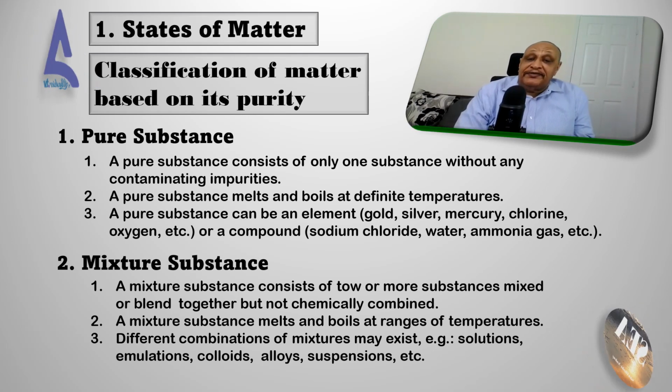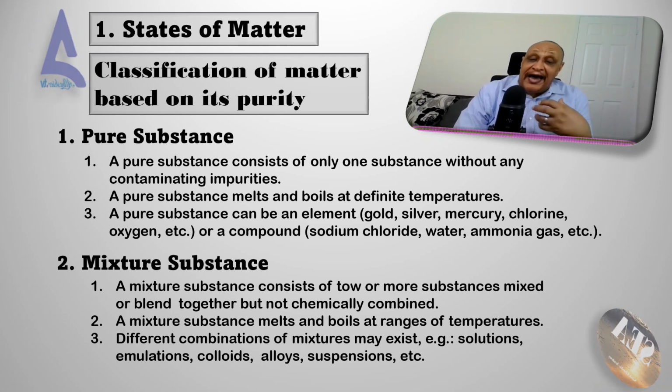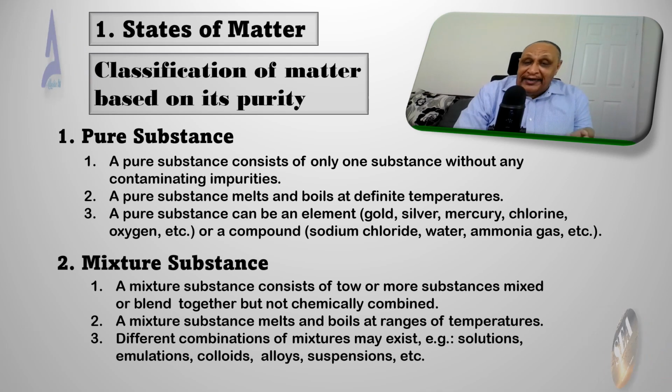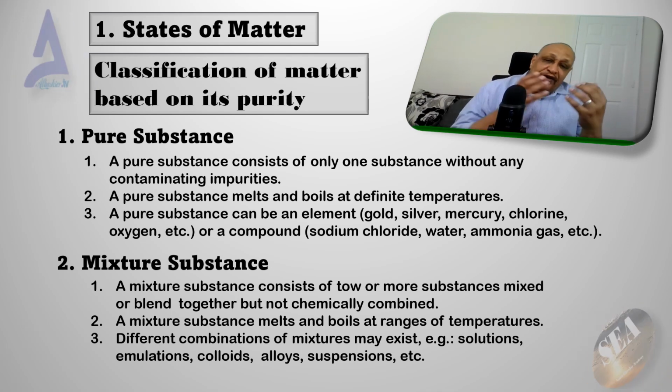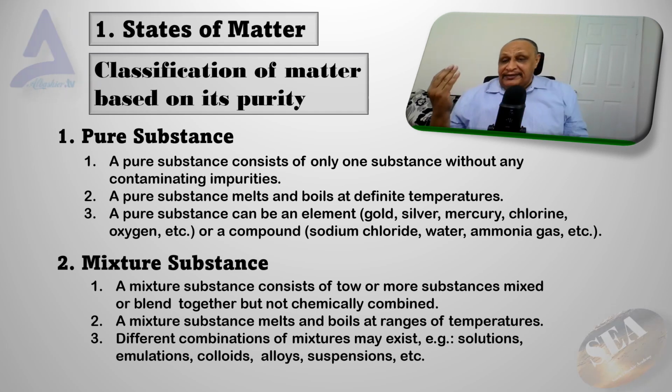A mixture melts and boils over a range of temperatures because it's formed of different types of atoms, and each has its own melting and boiling point. So when they combine, they have a range of melting.